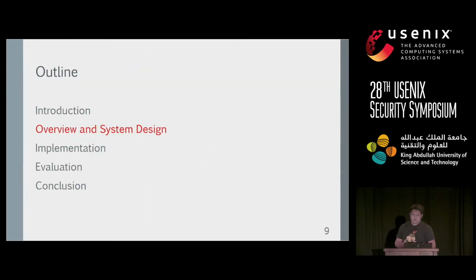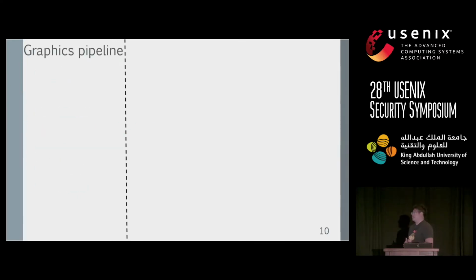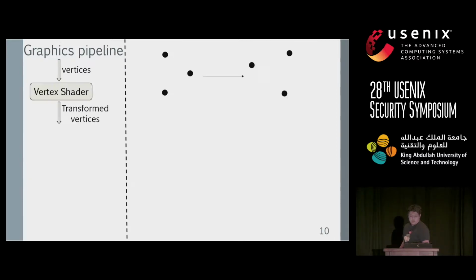So let's talk about the overview and the system design. To understand the difference in the WebGL project, we talk about the graphics pipeline first. The first step is the vertices. It's just the point information. When vertices are passed to the vertex shader, it may apply some operations, for example, enlarging and rotation, and create the transformed vertices.